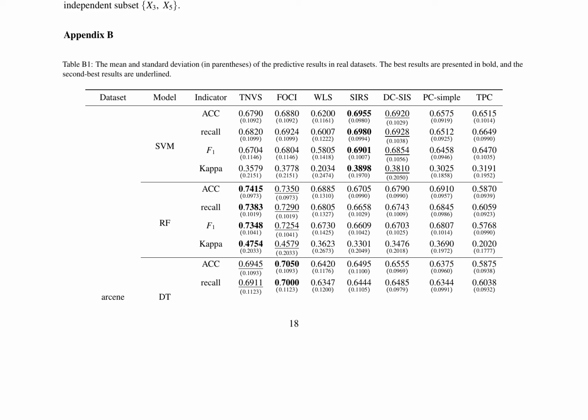The method's performance in real datasets is then presented, including the mean and standard deviation of models such as TNVS, foci, WLS, SIRS, DCSIS, PC Simple, and TPC. The results are compared, with the best results highlighted in bold and the second best results underlined, providing a comprehensive overview of the variable selection method and its performance.